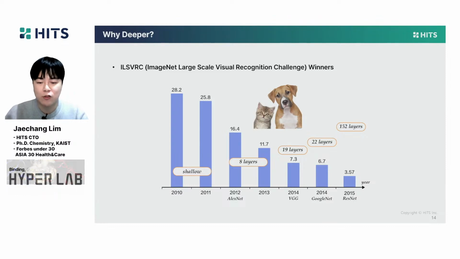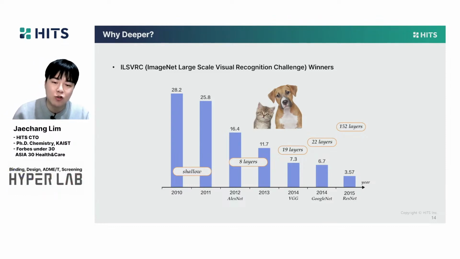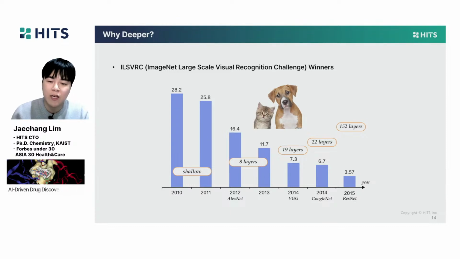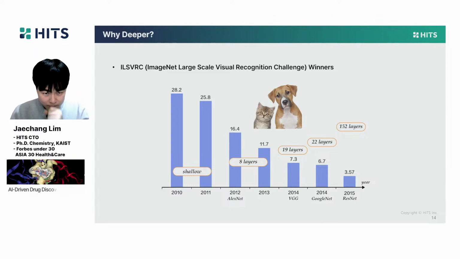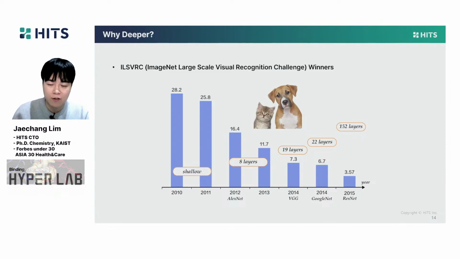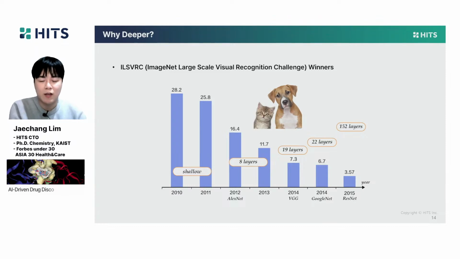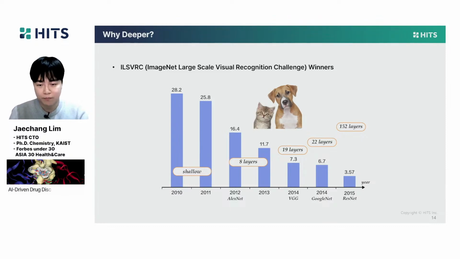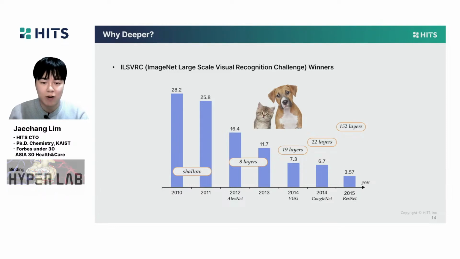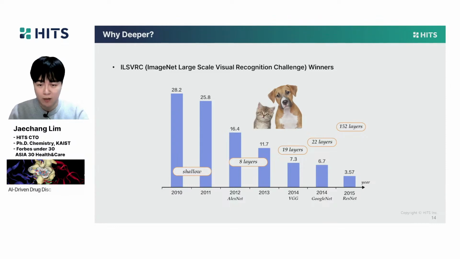However, from 2012, as deep learning began to be applied, the number of hidden layers gradually increased, and the performance dramatically improved. By 2015, the error rate had fallen to below 5%, and the competition became meaningless and was terminated. It showed that the more complexly we design deep neural networks like the human brain, and the more we stack them, the more rapidly performance improves. And this is the improvement of learning ability.